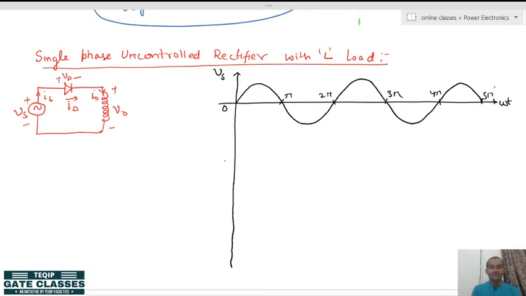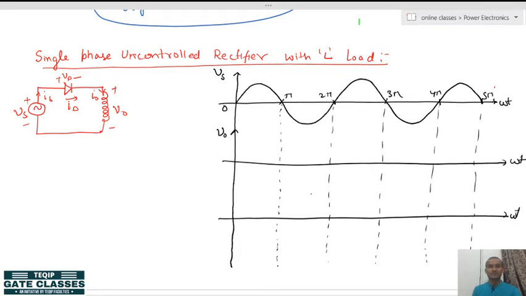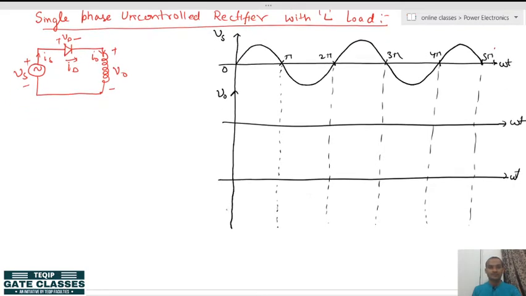Now, let us say this is my load voltage, and this is my load current. And the last one is the diode voltage.